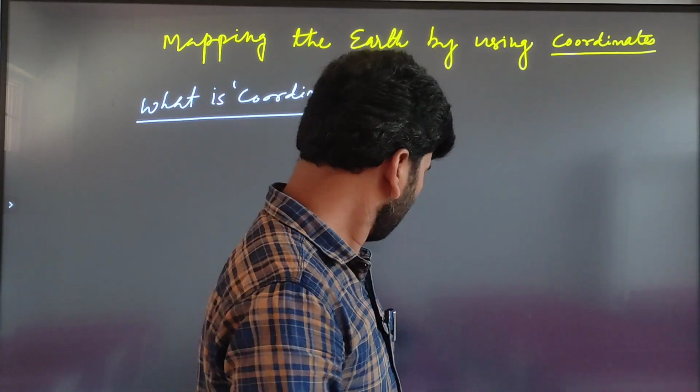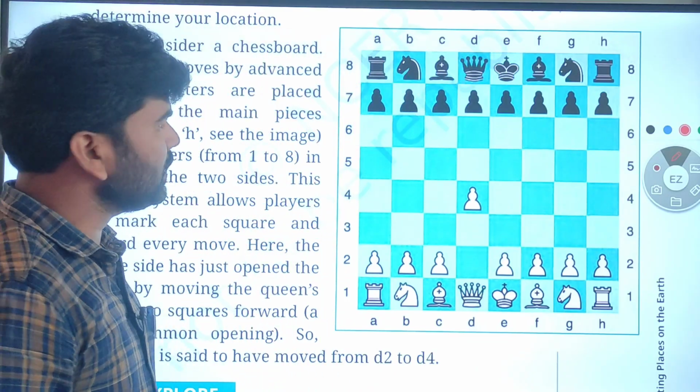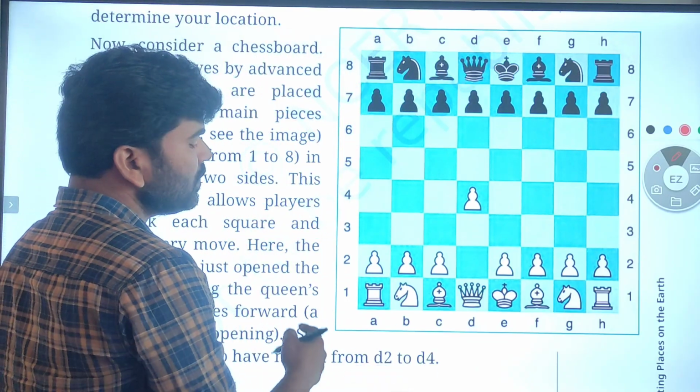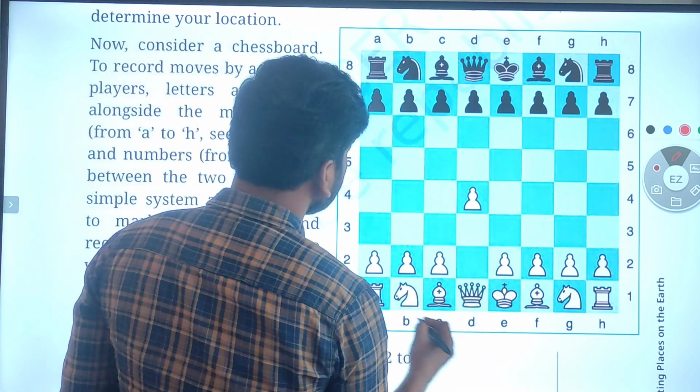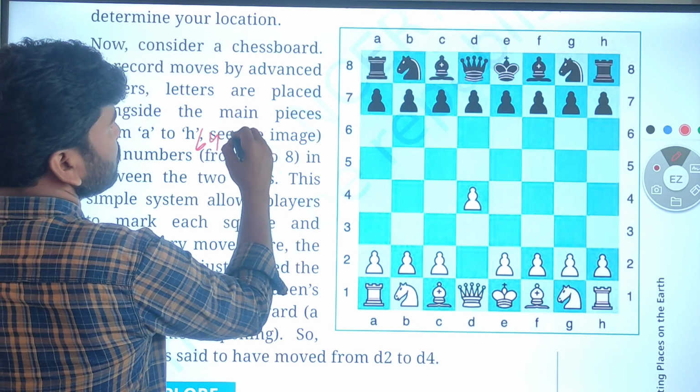For example, you can take a chessboard. In the chessboard there are 64 blocks.